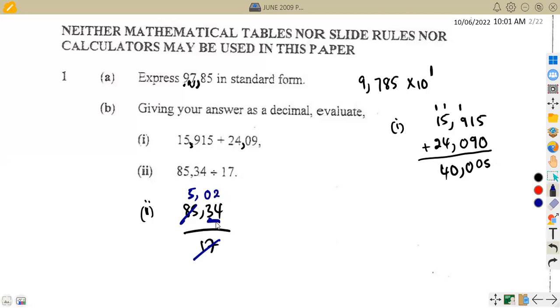So take note here. You say 17 into 3, which is 0, then into 34. Digits after the comma, you treat them one by one. So this one is 17 into 3, which is 0, remainder 3, you write the 3 here on the 4. So it's now 34. So it's now 17 into 34. You treat digit after digit as long as you're dealing with decimals. So I think that's what we had.